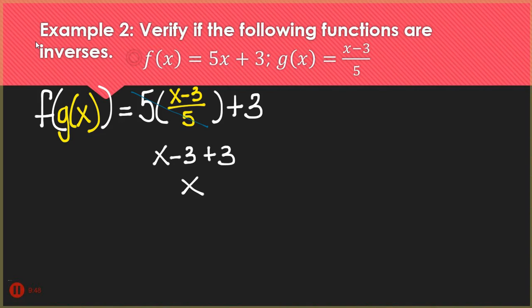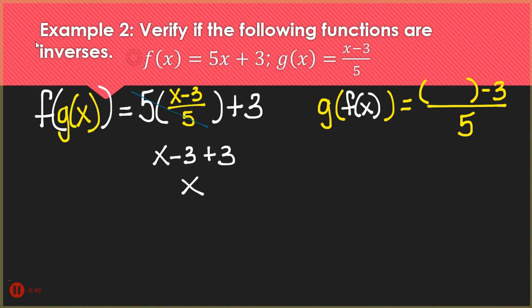Now let's find the other composition. Taking my g function, we're going to pop in f of x. So g says we have our fraction. In the numerator of the fraction, we have something. We're going to subtract 3 and lastly divide it by 5. And we're going to take this f function and put it right here. When we do that, we get 5x plus 3.